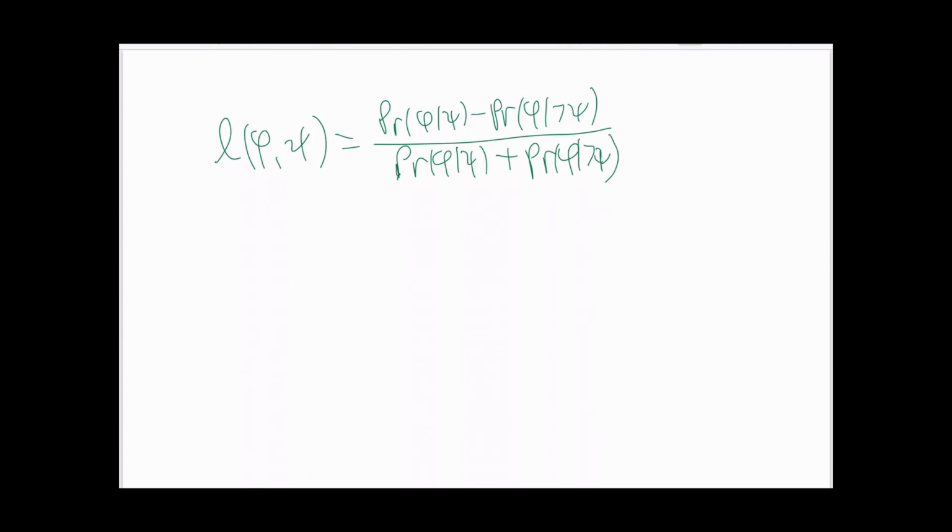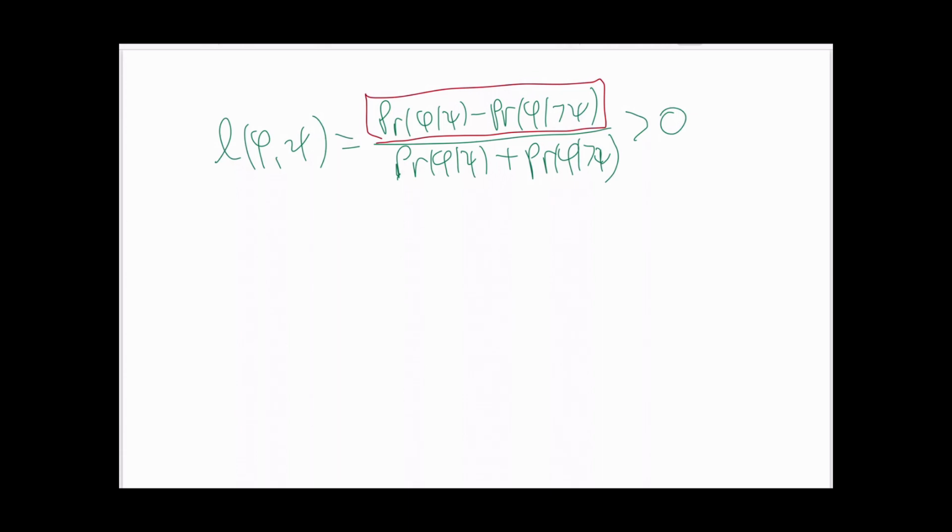Now, if this is greater than 0, then the numerator must be greater than 0, because the denominator is always positive. These conditional probabilities are always greater than or equal to 0. So, of course, if you add two positive numbers, then the denominator is always going to be positive.